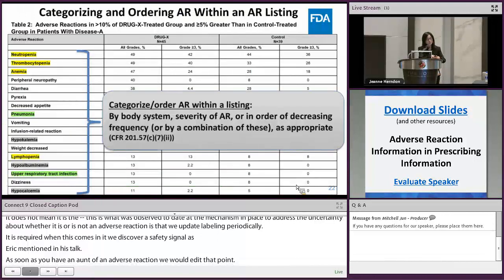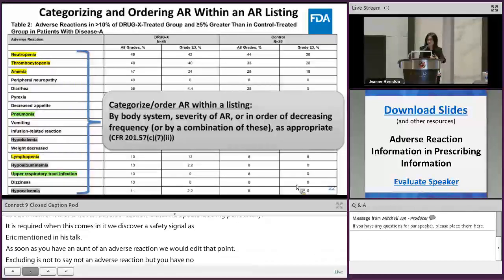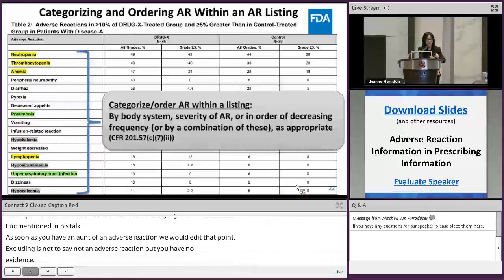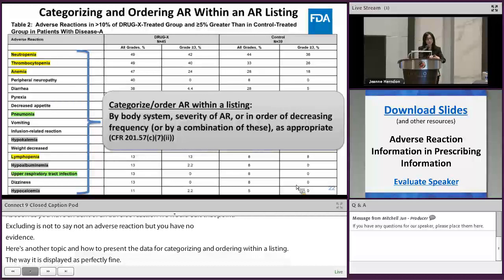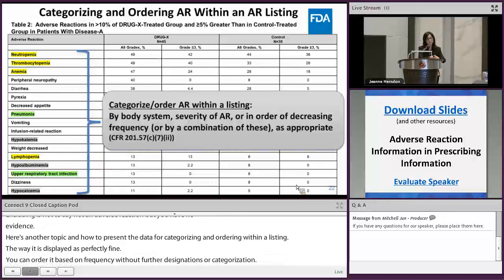Okay, here is another topic about how to present the data, categorizing and ordering it within a listing. The way it's displayed here is perfectly fine. You can order it based on frequency without any further designations or categorization. But when listings start to get long, you can start to categorize them in order to make the information easier to digest and recognize.